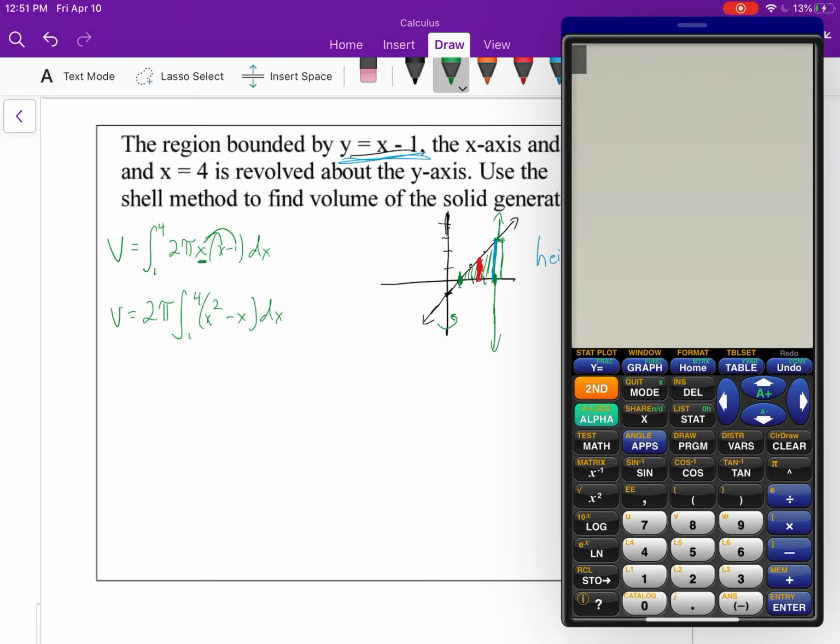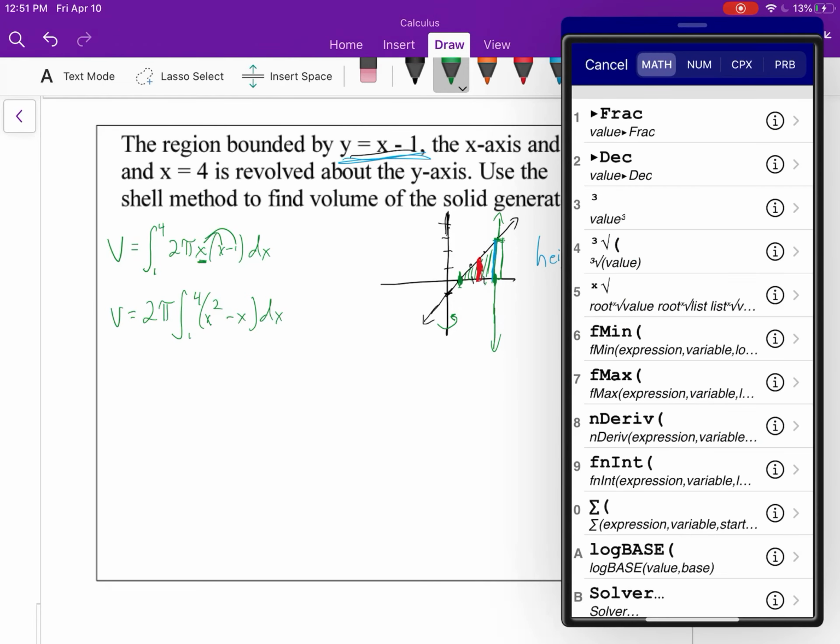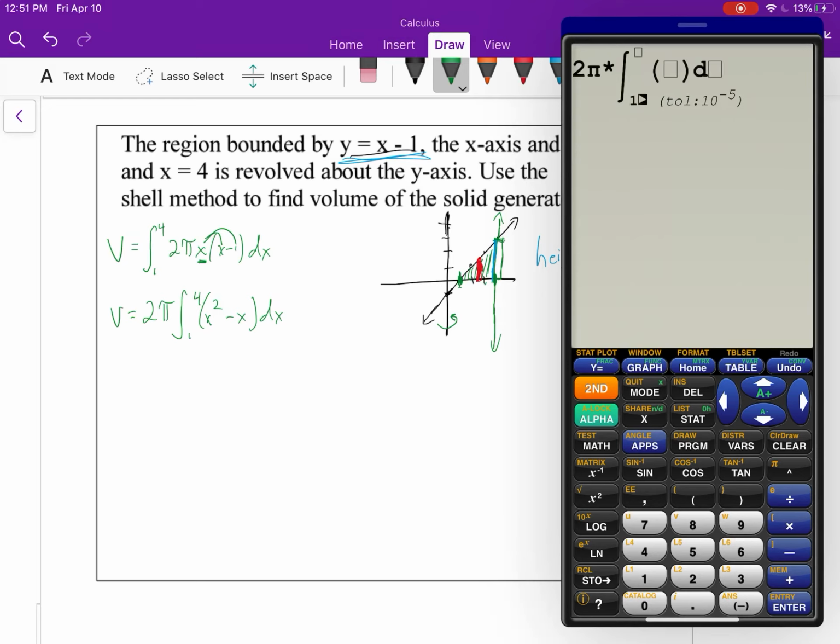Oops. Lost the whole thing. 2 pi times the integral from 1 to 4 of x squared minus x dx.